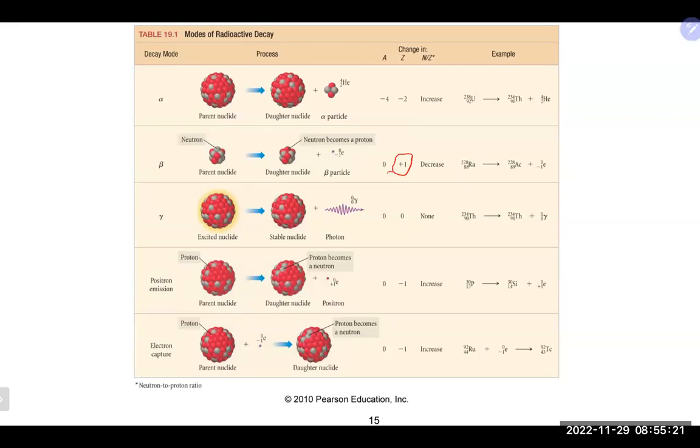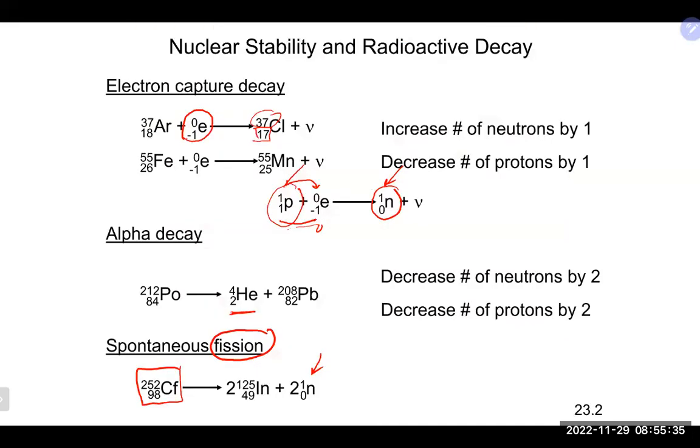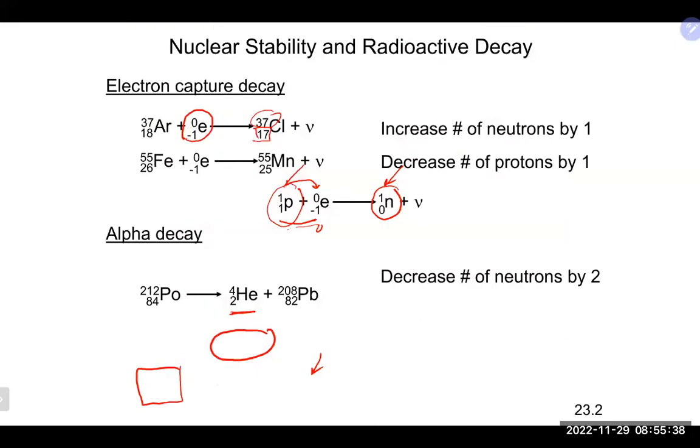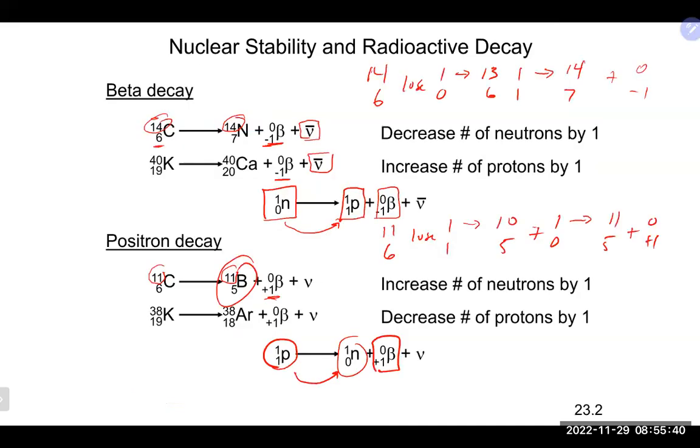So that's what changes, but the actual symbol is right here. These two columns on this table talk about how the mass number and the atomic number change through the process. But definitely a beta particle would be like we have here. In a beta decay, a neutron changes to a proton, so that's why I said you basically gain a proton. But the actual symbol should definitely be -1. Other questions?